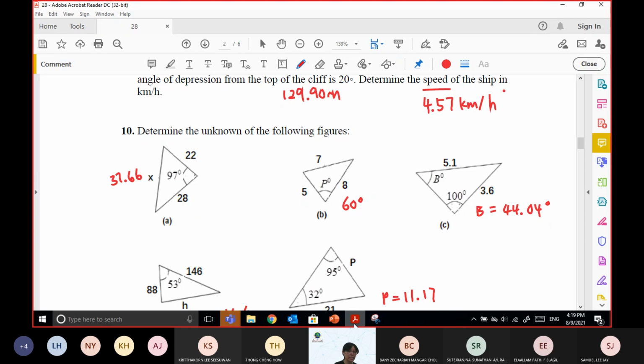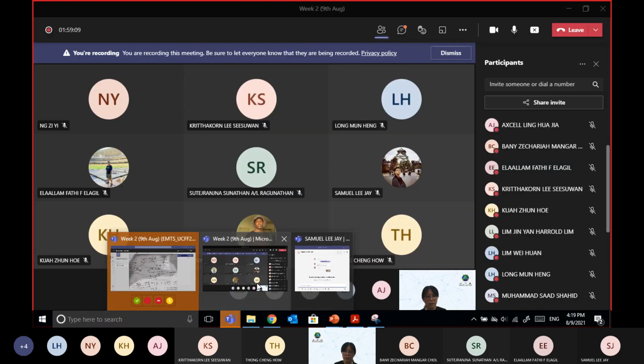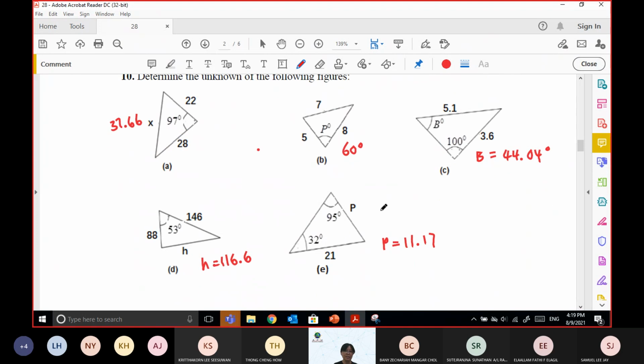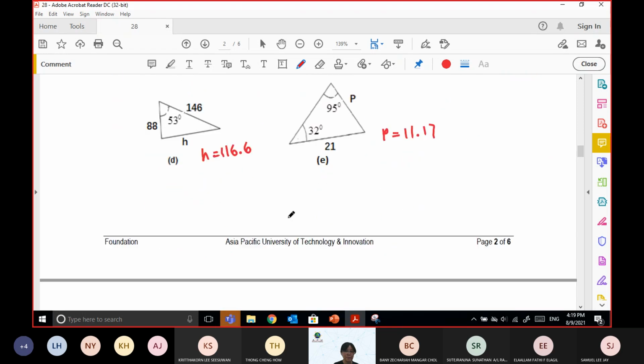Yes, okay, so Jing Yan, you just post a photo for 10A. Wei Huan, give me the answers for 10B. The rest I leave it to you.